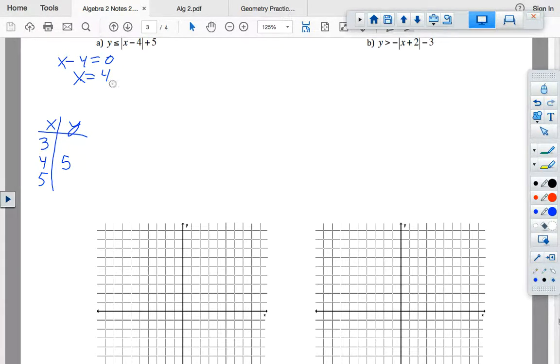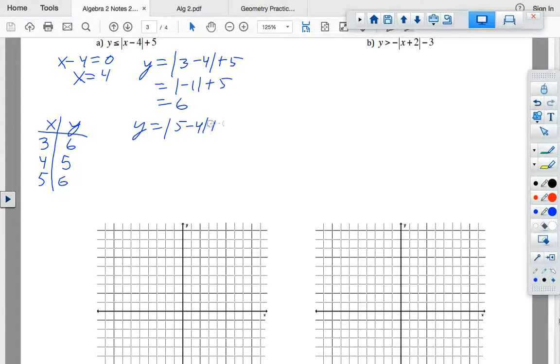I plug them in. I'll do this with an equal sign. 3 minus 4 plus 5, negative 1 plus 5, and that's 6. Now I'm expecting both of my answers to be 6. Y equals absolute value of 5 minus 4 plus 5, 1 plus 5, and that is 6.